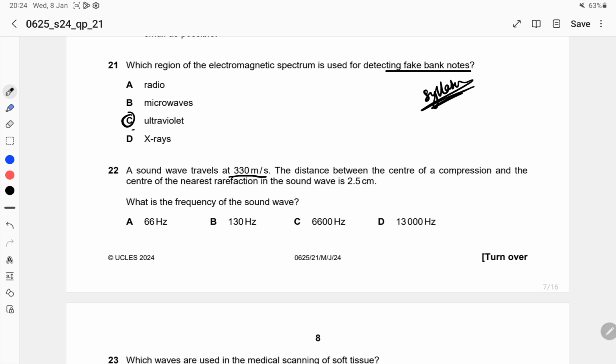Sound wave travels at this speed. The distance between the center of a compression and the center of the nearest rarefaction is 2.5 centimeter. Now I personally find compressions, rarefactions slightly confusing, but I do know compression is a region of high pressure.